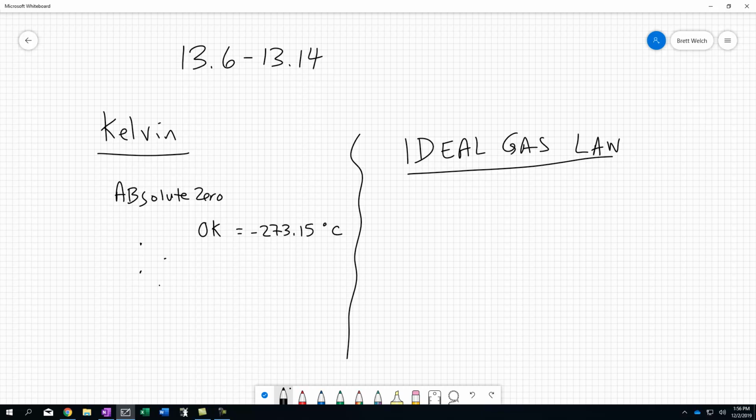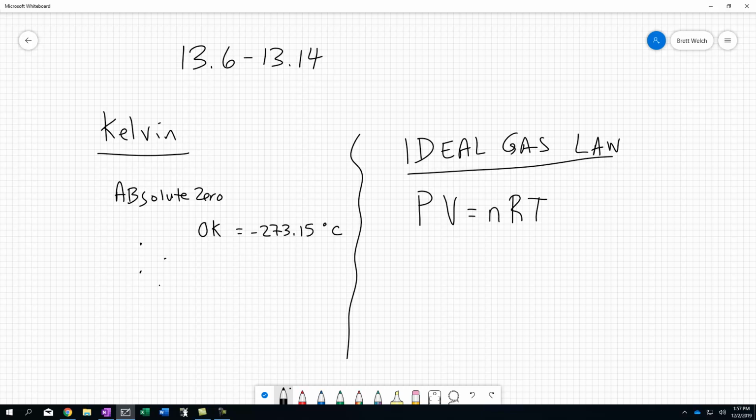We know that this will never be perfect in our man-made world, but this gives us an idea of what's about to happen as we deal with some specific changes. What we find out from the ideal gas law is that the pressure times the volume equals little n, capital R, T.